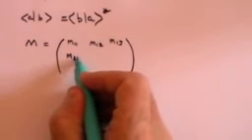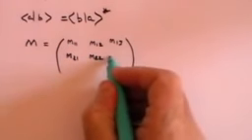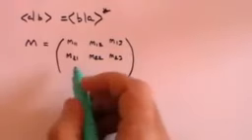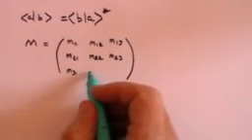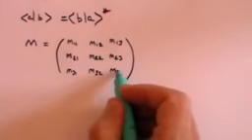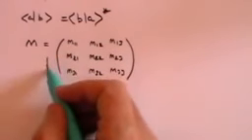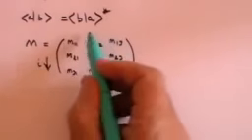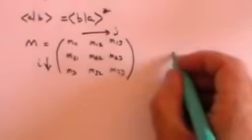The second row M21, M22, M23. And the third row M31, M32, M33. And you'll notice that essentially I've got i rows and j columns, and each element can be written as Mij.